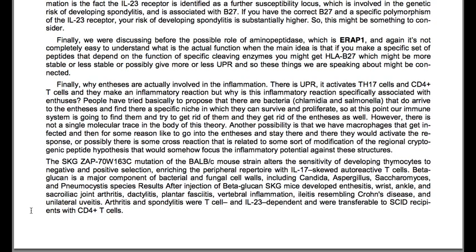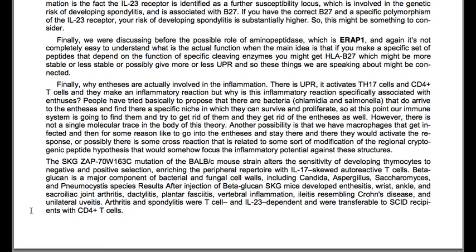However, there is not a single molecular trace in the body of this theory. Another possibility is that macrophages get infected and then, for some reason, like to go into the entheses and stay there, and they would activate the response, or possibly there is some cross-reaction related to some sort of modification of the original cryptogenic peptide hypothesis that would somehow focus the inflammatory potential against these structures.